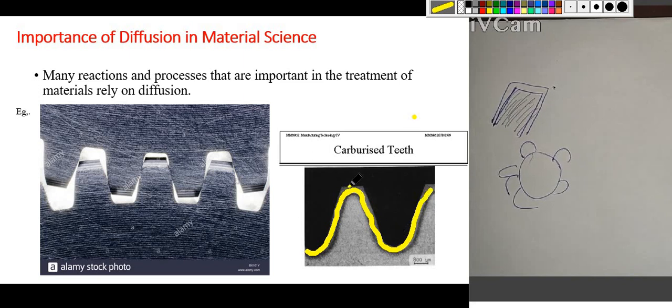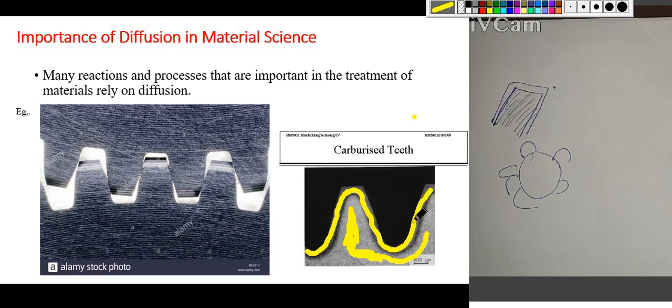By introducing carbon, the surface area will have a high concentration of carbon, and the remaining area will have a lower concentration of carbon. So in the remaining area the carbon concentration is low, so the region will be soft, and the machinability can be increased.